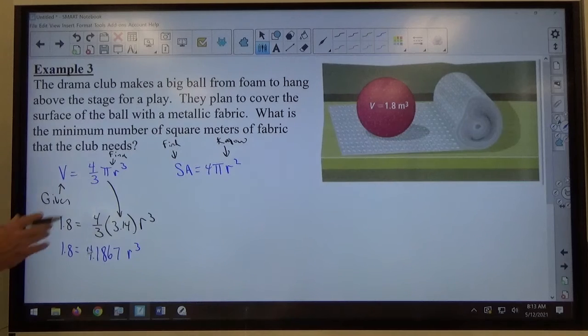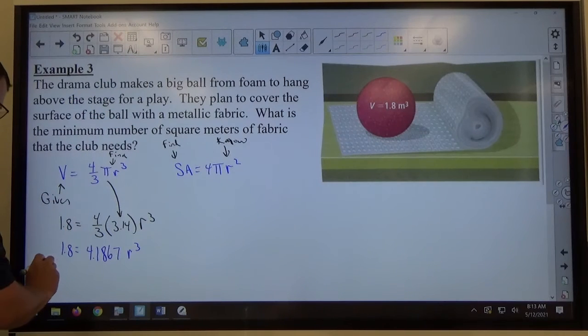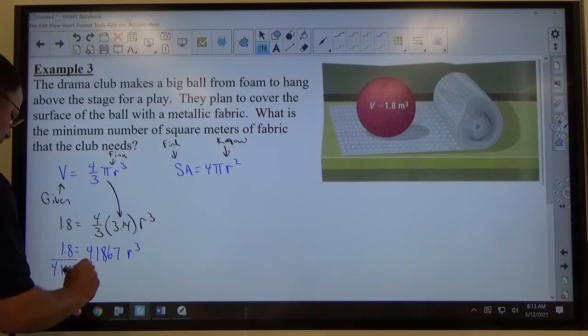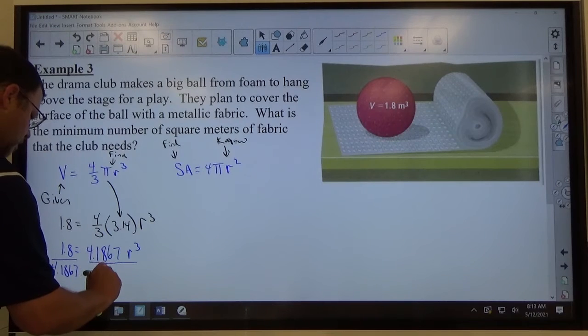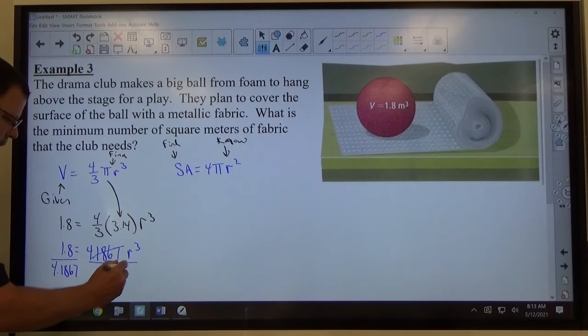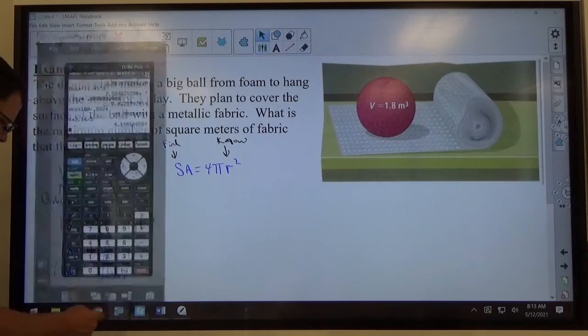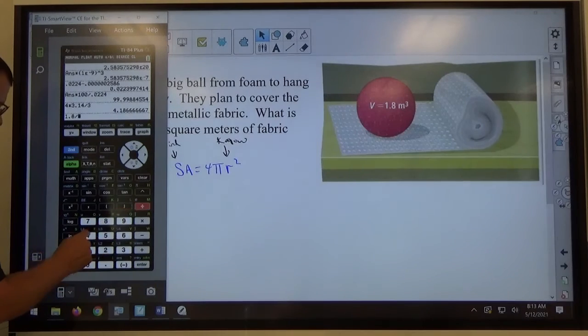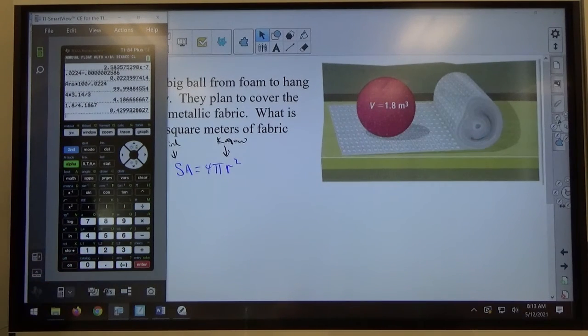At this point, I'm going to get r cubed by dividing by 4.1867, again just using basic algebra technique. Anytime a number is attached to a letter and you want the letter by itself, simply divide by the number. So divide by 4.1867 on both sides, and we get 1.8 divided by 4.1867, which comes out to 0.4299.